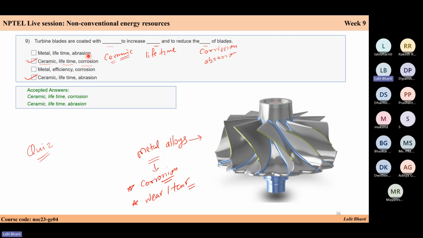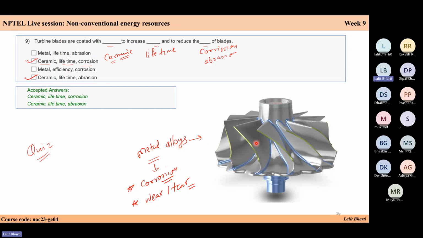So the option corrosion and abrasion is correct. These are basically made up of either ceramics or alloys. The blades are made up of alloys, but we have the coatings of ceramics, which are not corrosive in nature and also not abrasive in nature.